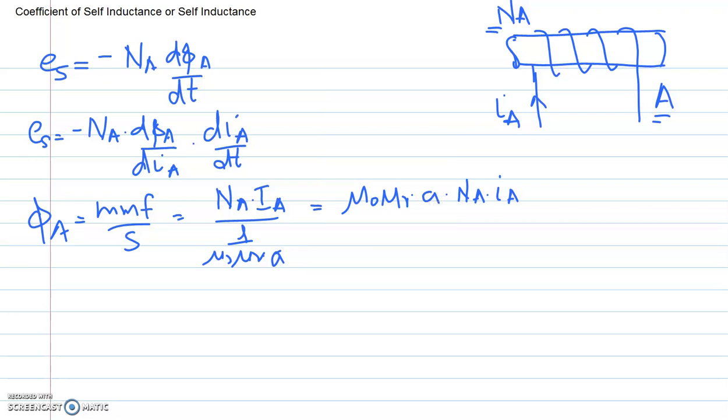So a is the area of cross section and L is the length of the coil in meters.